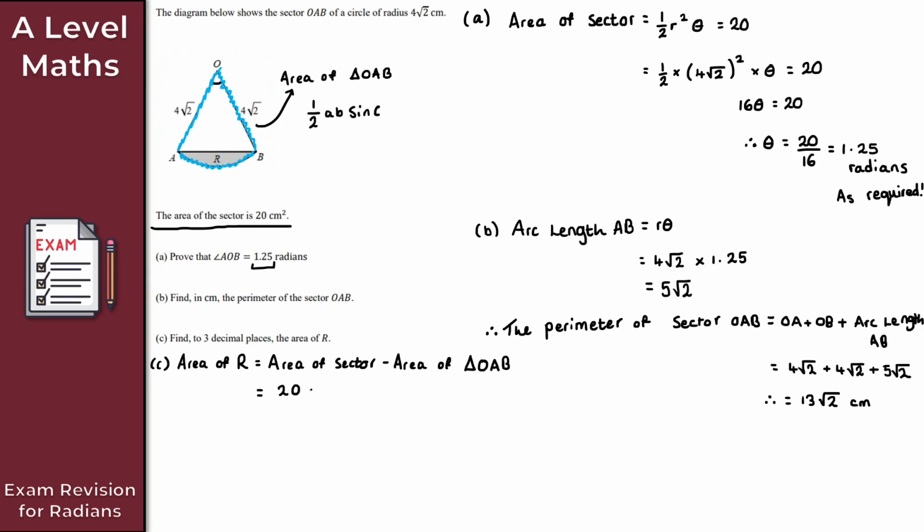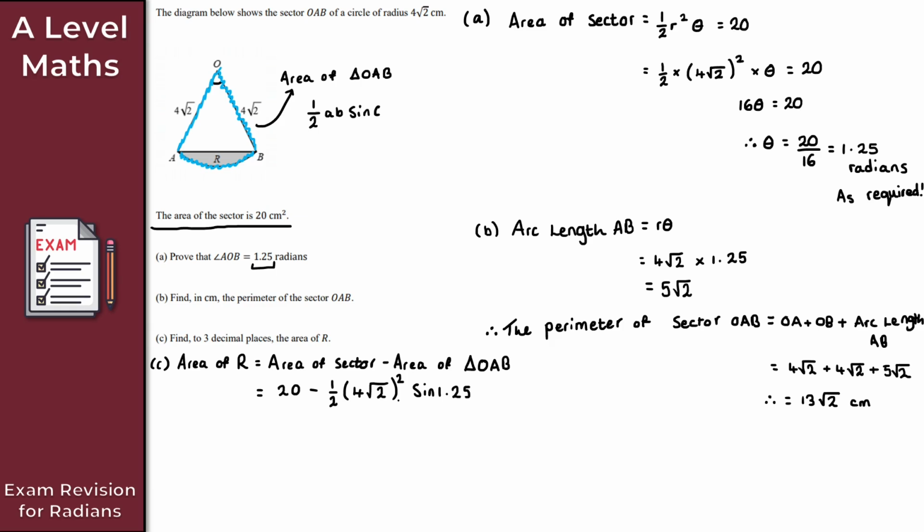So what do we get? I get 20 minus a half. A here would be 4 root 2, and the same is true for B, which is also 4 root 2. I get 20 minus a half times 4 root 2 squared, and then we times this by sine of this angle, sine of 1.25.